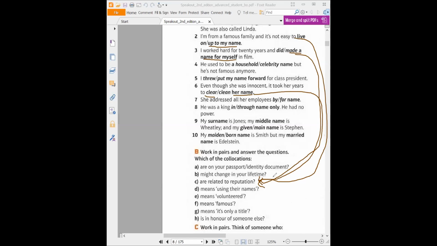So what about this one? This is a good one. We didn't pay attention to it during exercise one. Which one means volunteer in your opinion? Put my name forward. Thank you very much. Yes, to put your name forward means you volunteer for something.